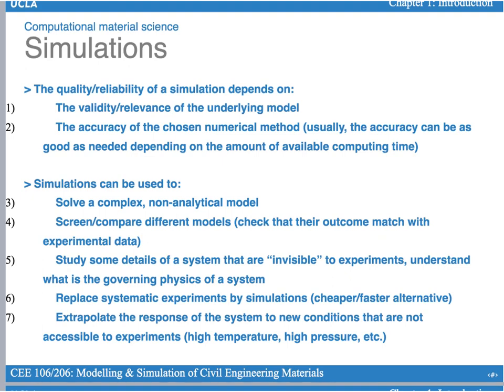For example, if you want to study new types of molecules and see if they can be used for drugs, you have millions and billions of possible types of molecules that can be formed. If you want to study them one by one by experiments, that would be very expensive and very time consuming.